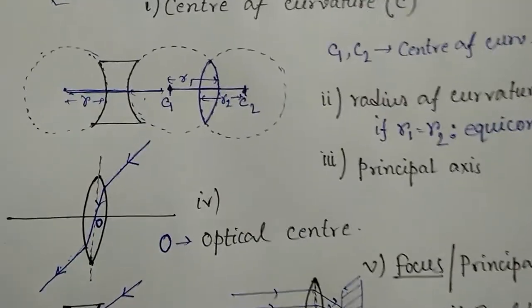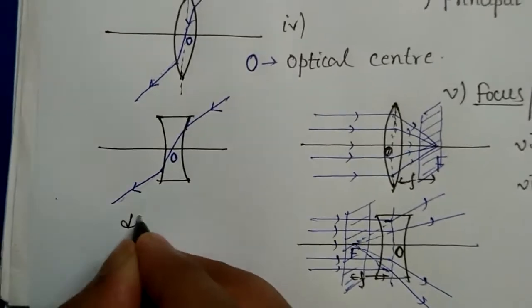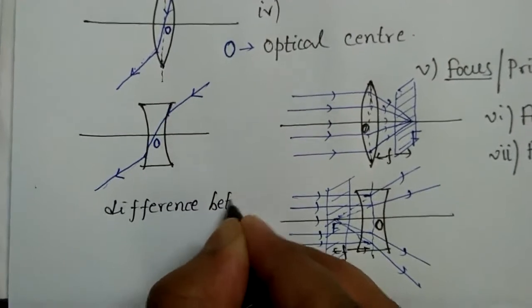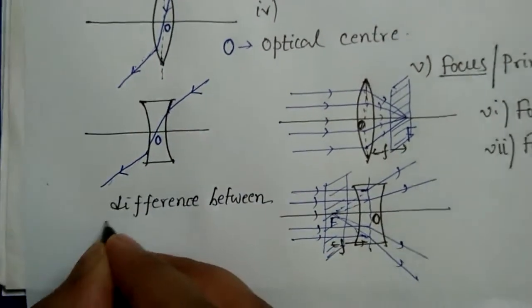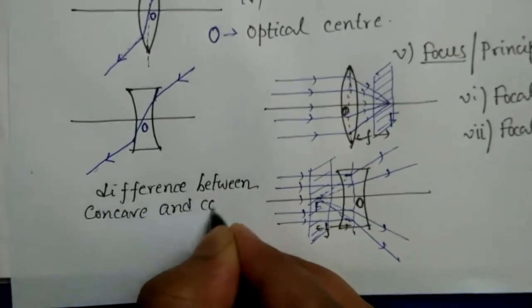Next, you have to read the difference between concave and convex lens.